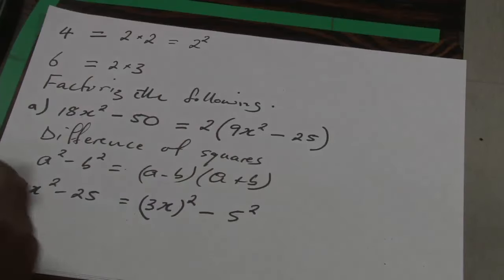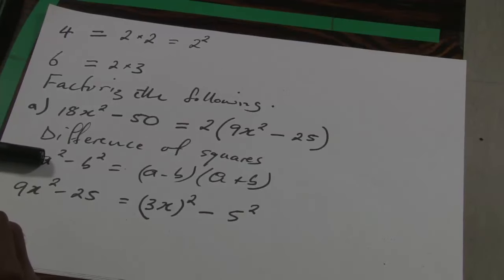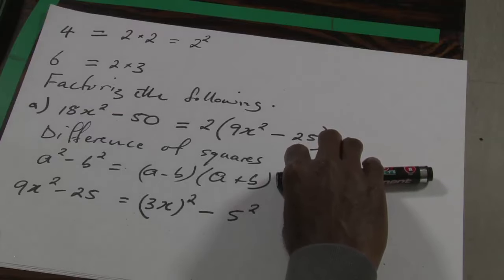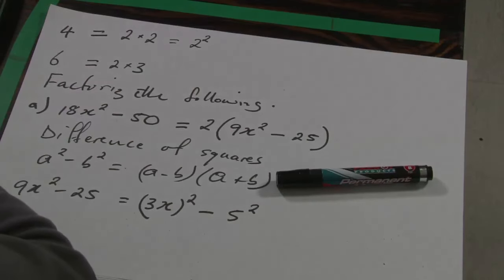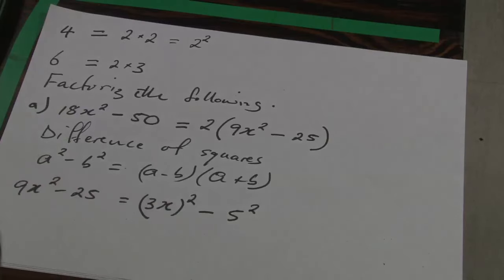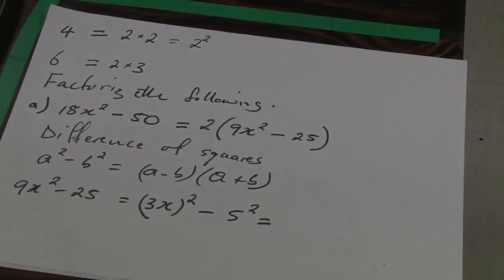Now we have our expression in the form of a squared minus b squared, which we have here. And therefore, we can now use this law, the factorization law for the difference of squares, to factorize what we have here. Remember what we said? a squared minus b squared can be written as a minus b multiplied by a plus b.